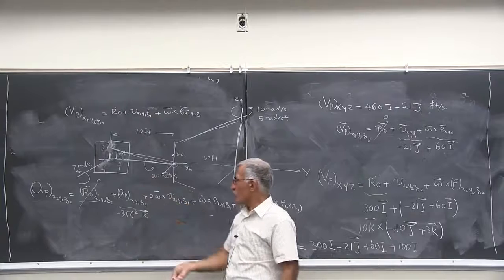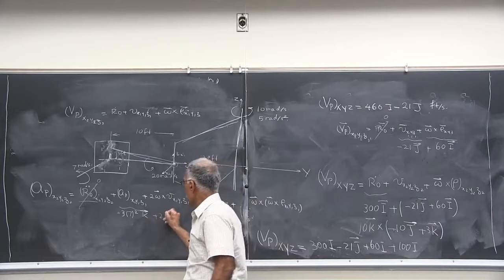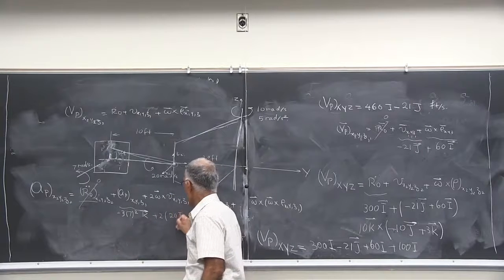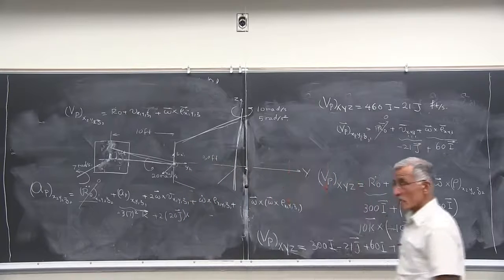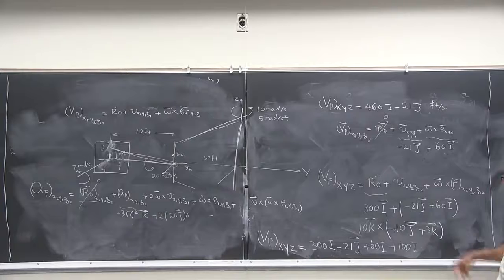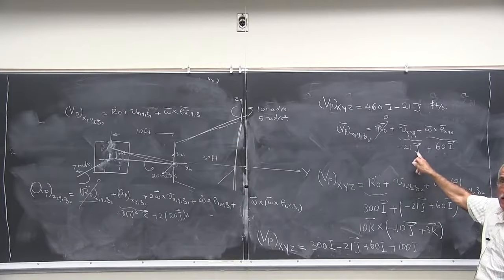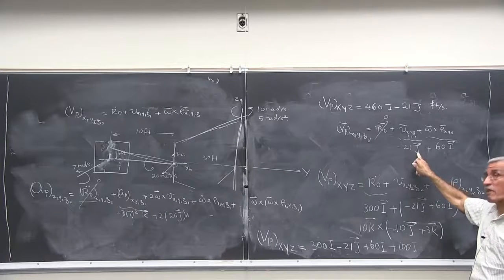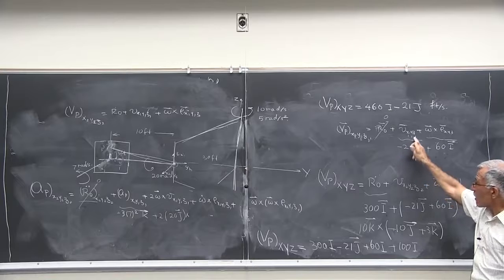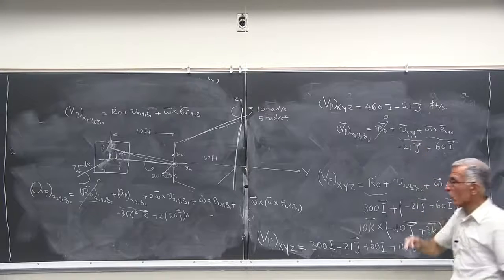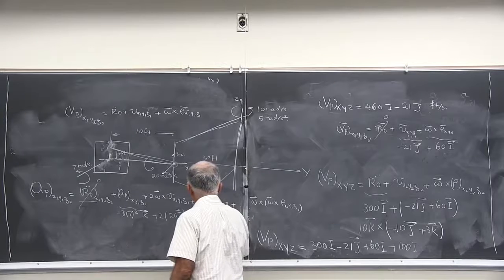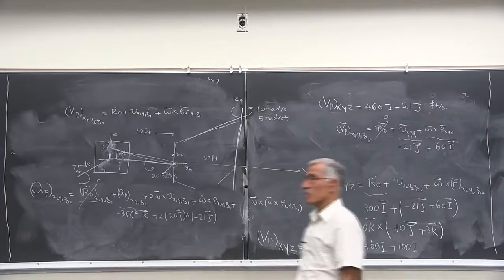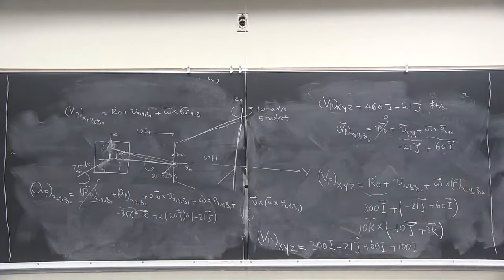So that is 2 times 20j, and the velocity with respect to x1, y1, z1 we already had from the previous calculation. It is minus 21j. And of course, this term would be 0, because j times j is 0.